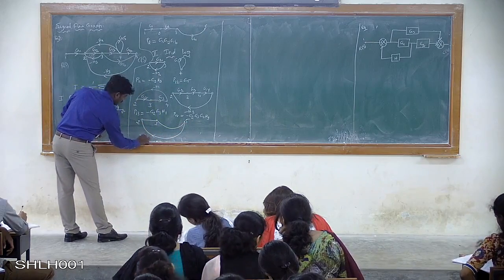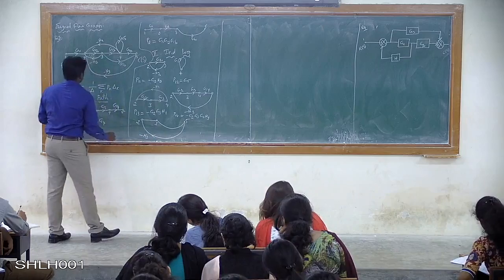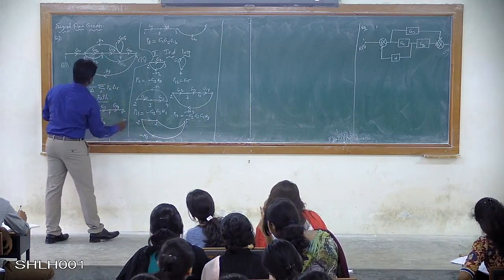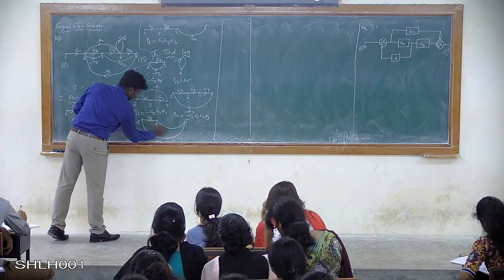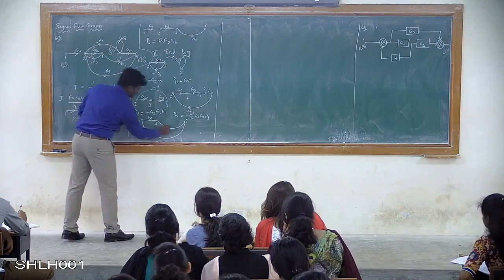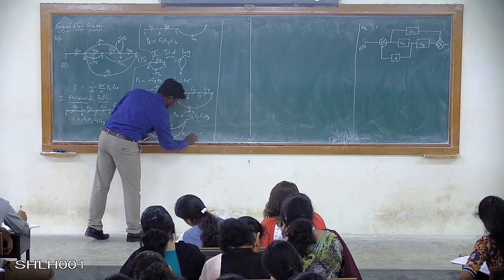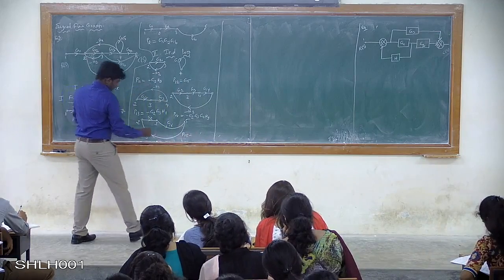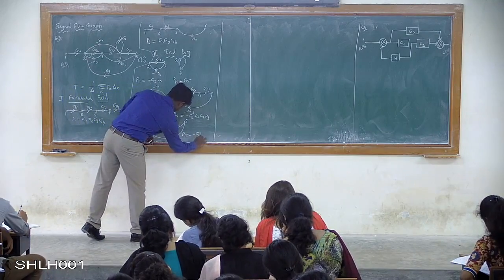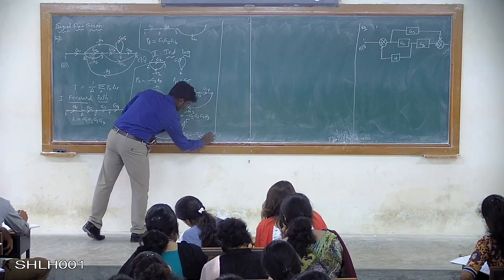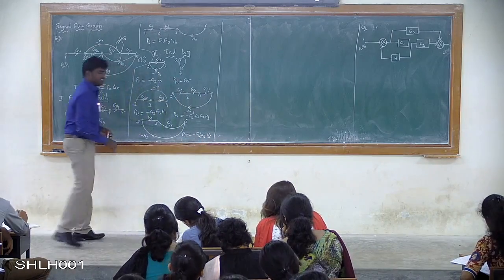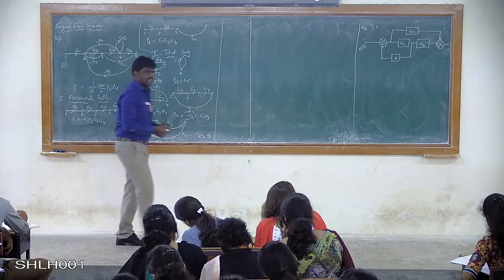So that gain value is minus H3 and this value is G2. Then 3 to 5 the gain value is G6. Right? So we can write the fifth individual loop gain value as G2, G6 and minus H3. So I have written it as minus G2, G6 into H3.